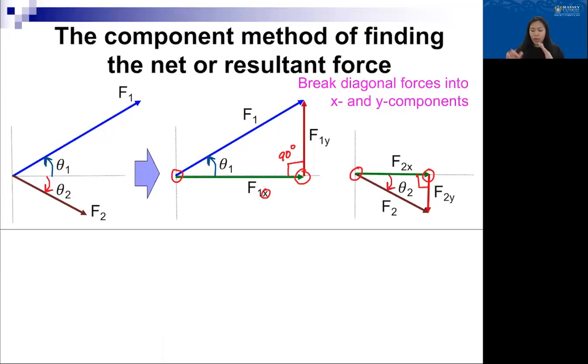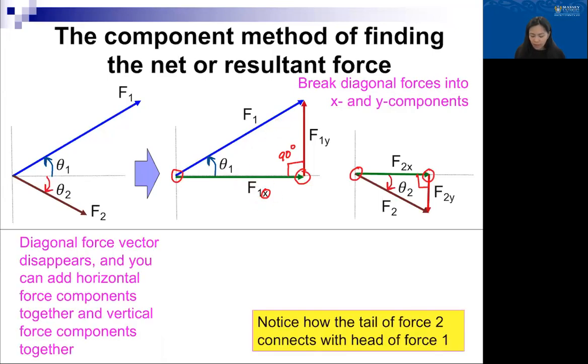So once you've broken the diagonal vector down into horizontal and vertical components, the diagonal vector can now disappear. You can now remove the diagonal vector and you just have the horizontal and vertical components.